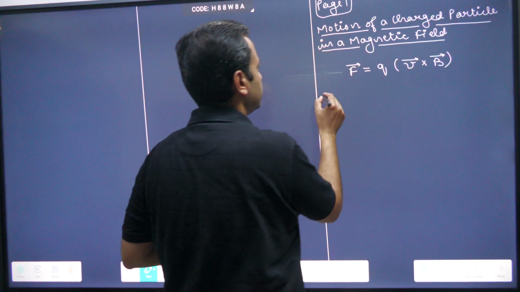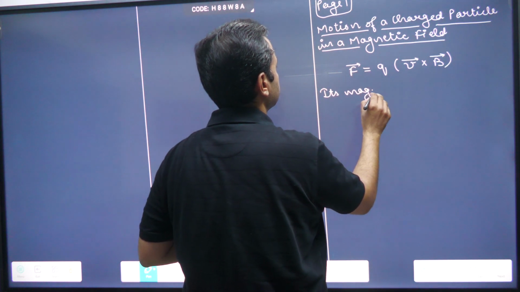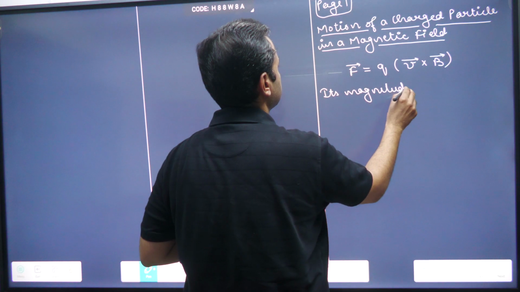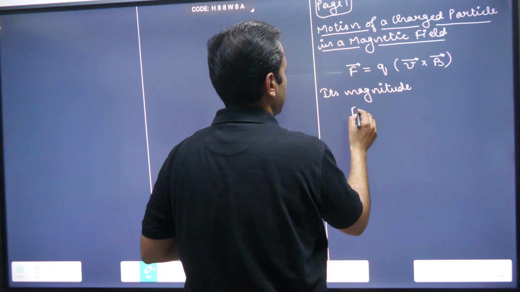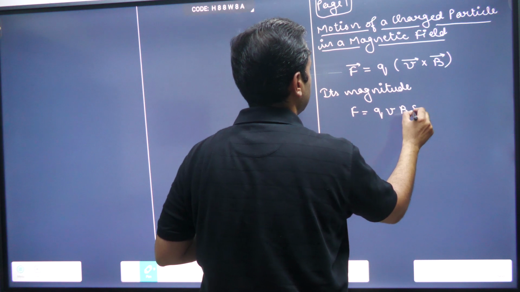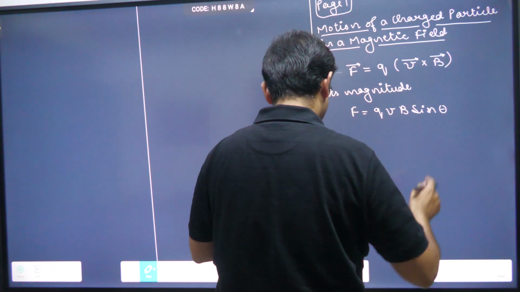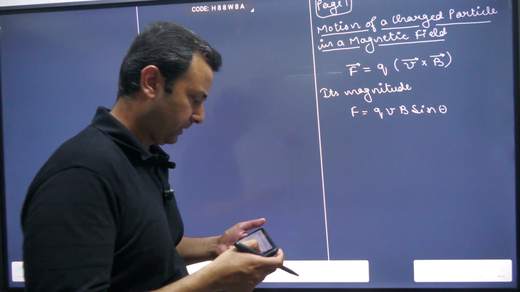Its magnitude is F is equal to qvB sine theta.